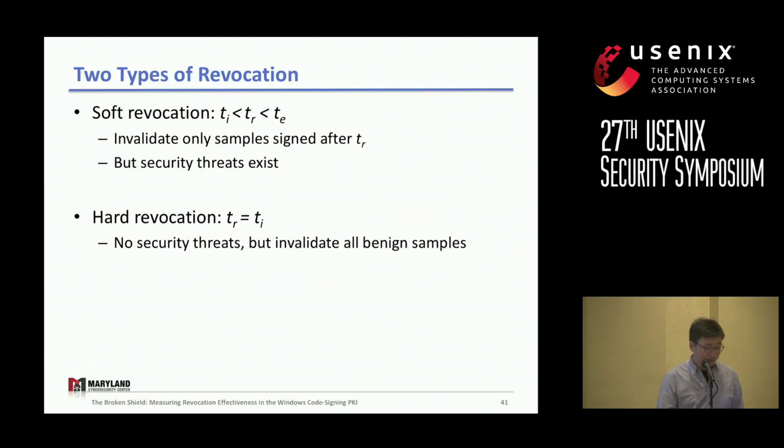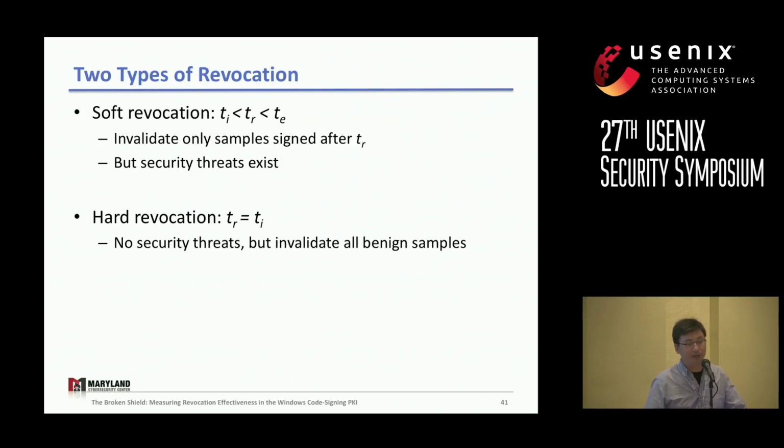So before measuring how CAs properly set the effective revocation date, we want to measure the trend of the types of revocation policies. There are 2 types of revocation. The first is soft revocation, and the second is hard revocation.